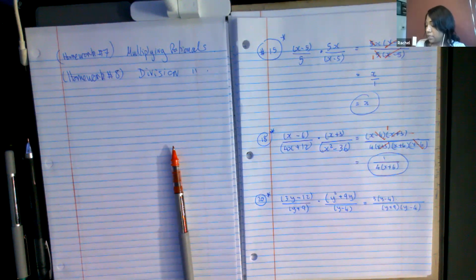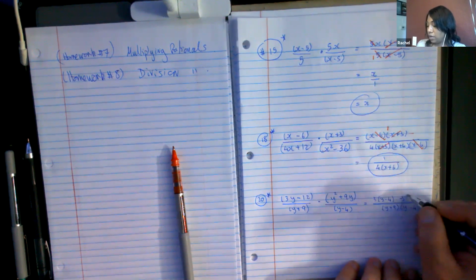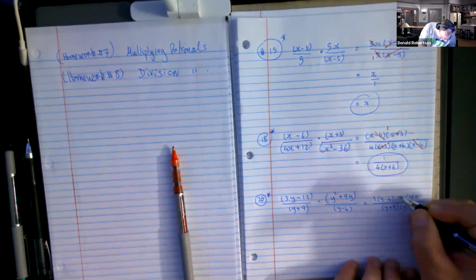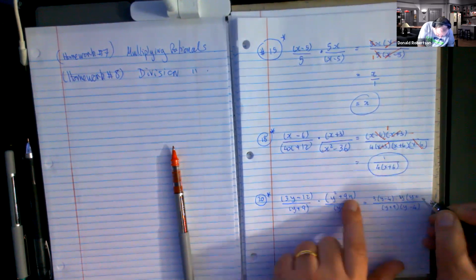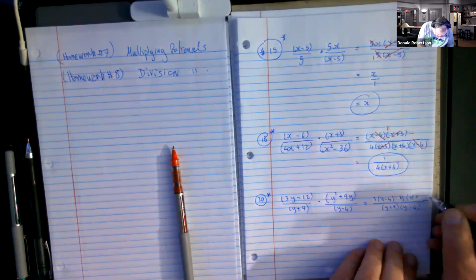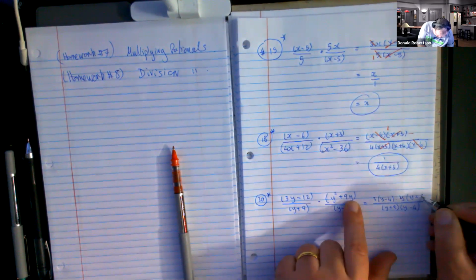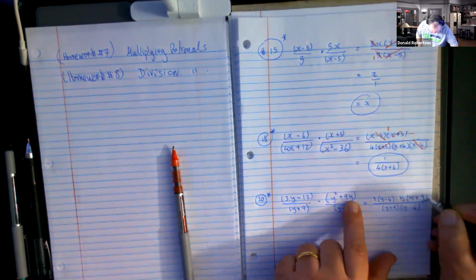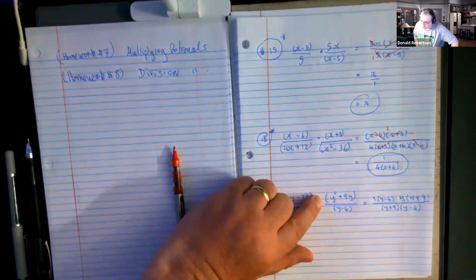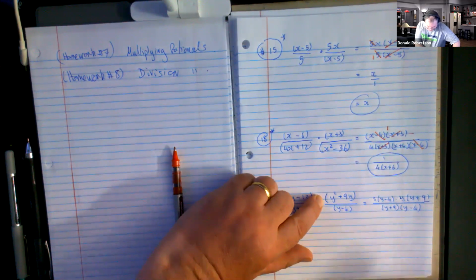Not quite. Pull out a y as a common factor. Then you get y plus 9. Check it. You see the y plus 9? Pull out a common factor of y.